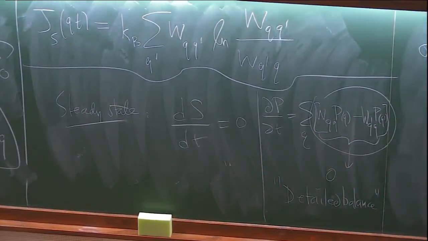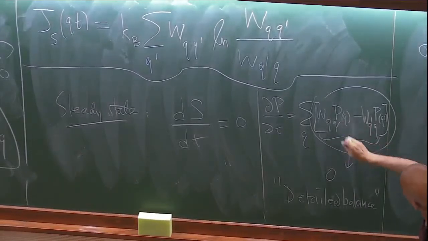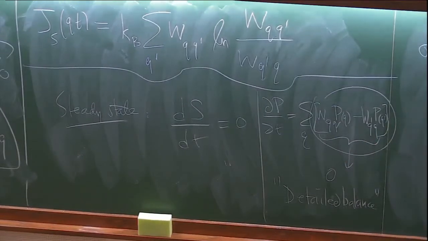And pictorially, you know what this means. Here is a point Q, here is a point Q prime. The idea that P(Q) W(Q,Q') is equal to P(Q') W(Q',Q) means zero net traffic between any two points in configuration space.